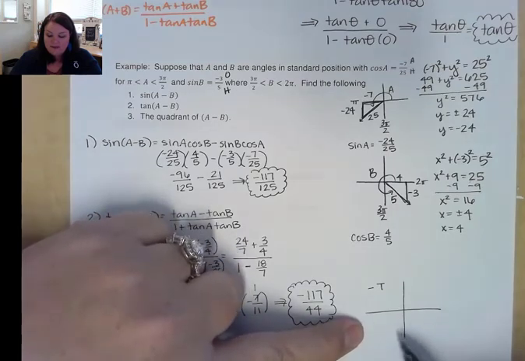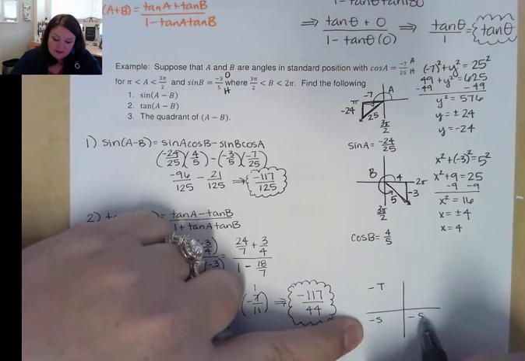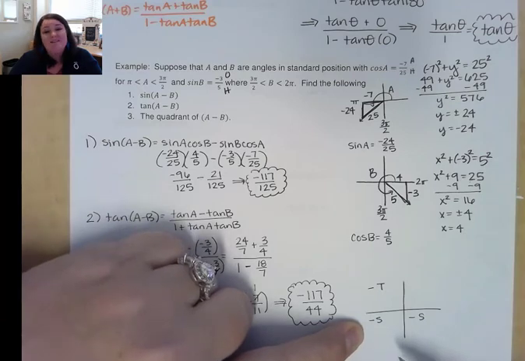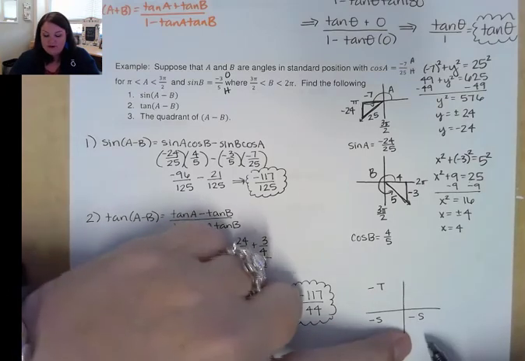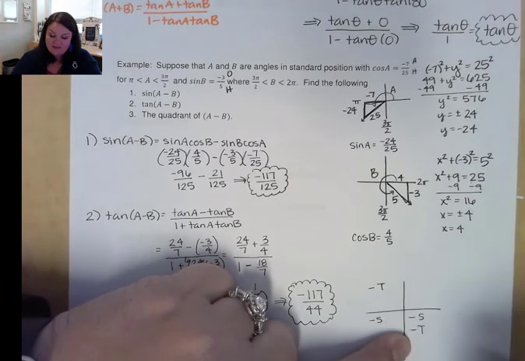Down here, in both of these quadrants, I know my sine value is negative, right? This gives me a negative sine, and this gives me a negative sine. But which one gives me a negative tangent, right? This one is a negative sine and a negative cosine, which would be a positive tangent. And then over here, I have a positive cosine, a negative sine, which gives me a negative tangent.